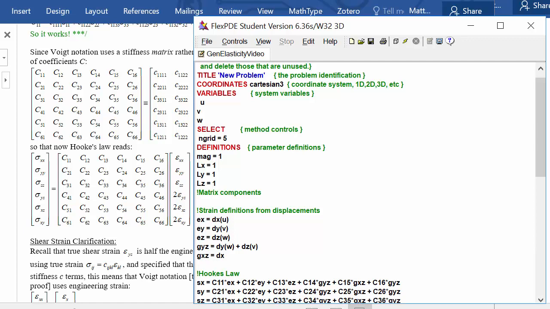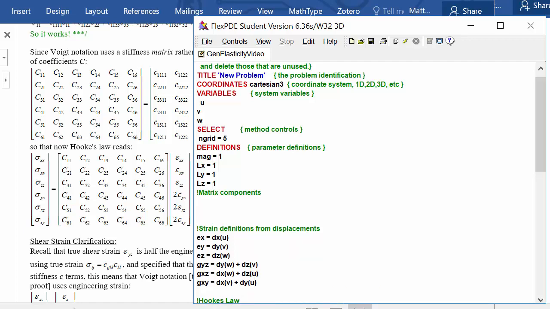Gxz is dx of w plus dz of u, and gxy is equal to dx of v plus dy of u. So there should be 2 for each of the different components, 2 w's, 2 u's, 2 v's, 2 dx's, 2 dz's, 2 dy's. Okay, so by symmetry, it looks like we got all that done correctly.